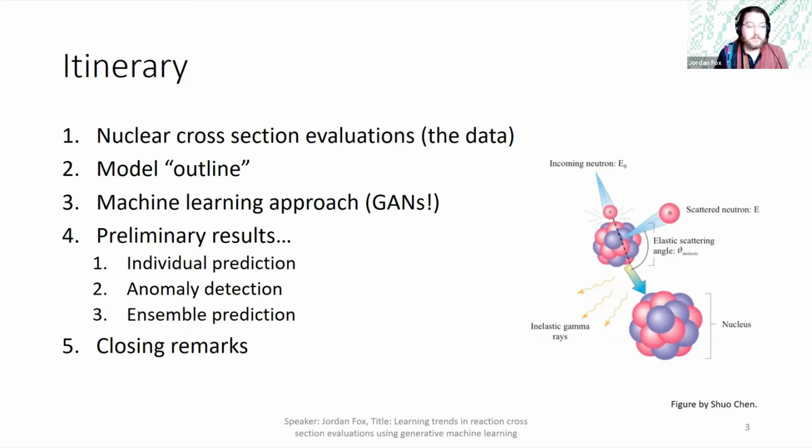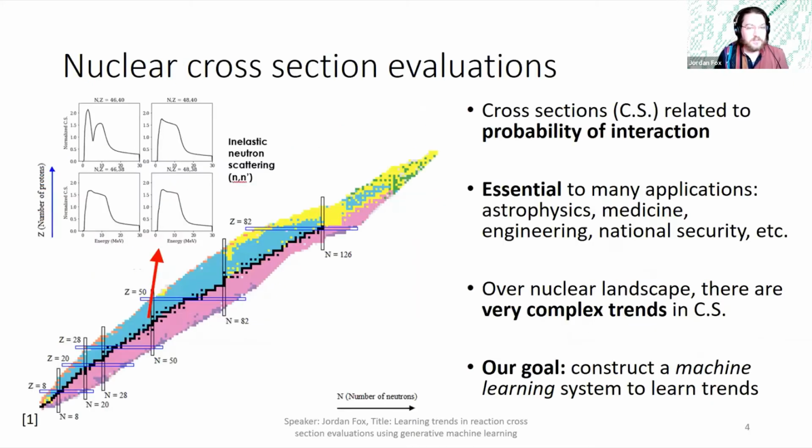And fourth, we can look at some preliminary results that I've gathered together with predictions made by the model and some other applications: detecting anomalies in data and doing ensemble predictions. And finally, I'll close up by describing what we're interested in doing in the future.